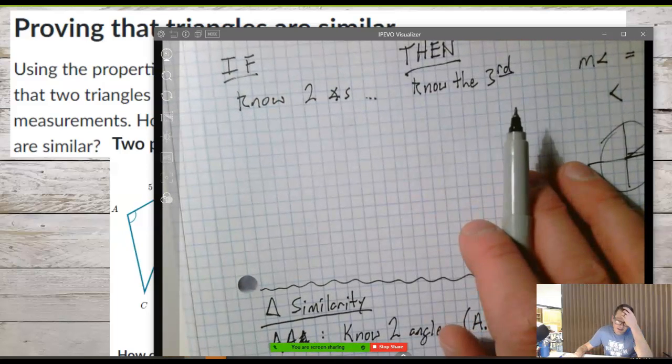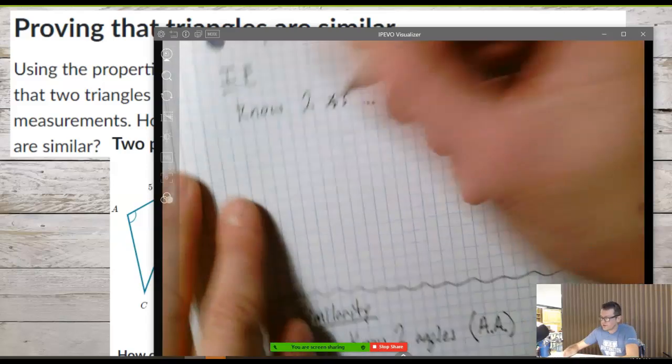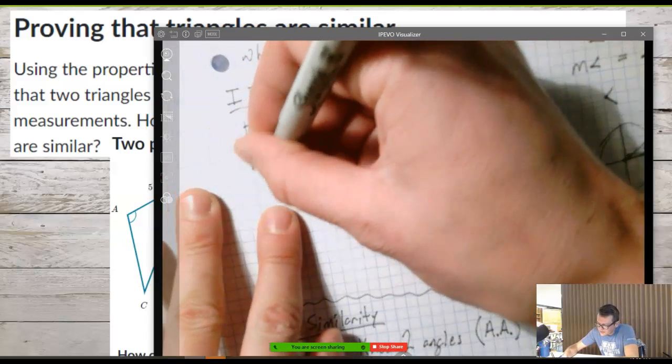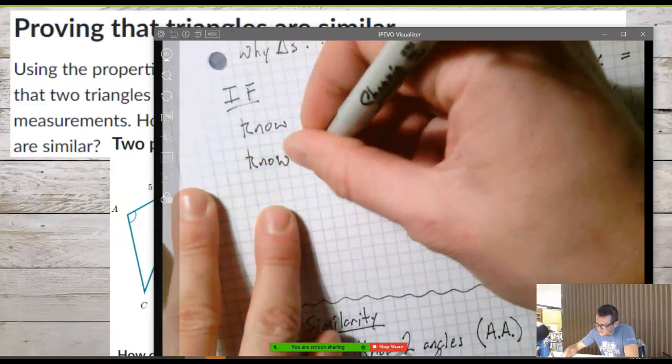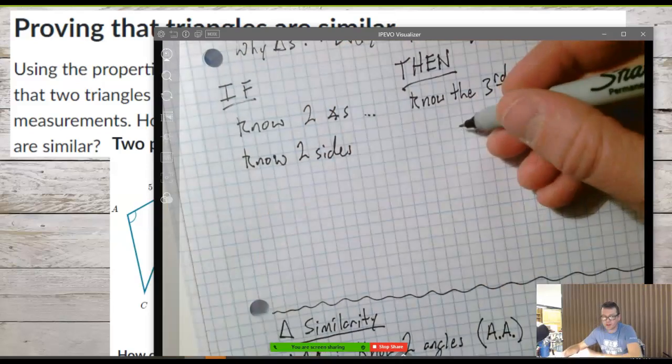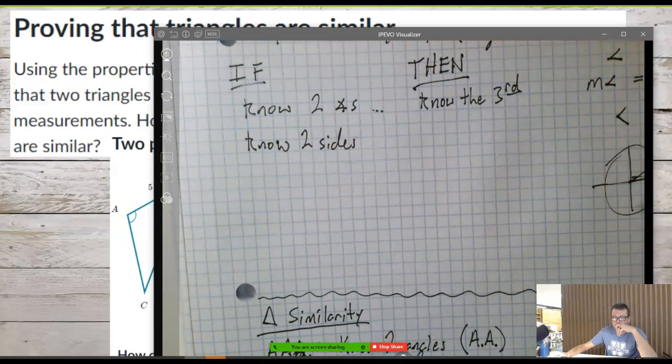So great. So if we know 2 sides, do we know the third side? Oh, well, that's not as convenient. We know something about the third side, right?